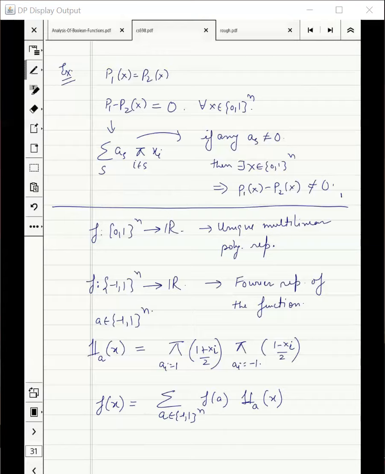So instead of taking 1 plus xi by 2, we can take xi, right? But what will happen when it is minus 1? If I take xi instead of 1 plus xi by 2 and I take ai equal to minus 1, then that term will not become 0. No, I want an indicator polynomial.